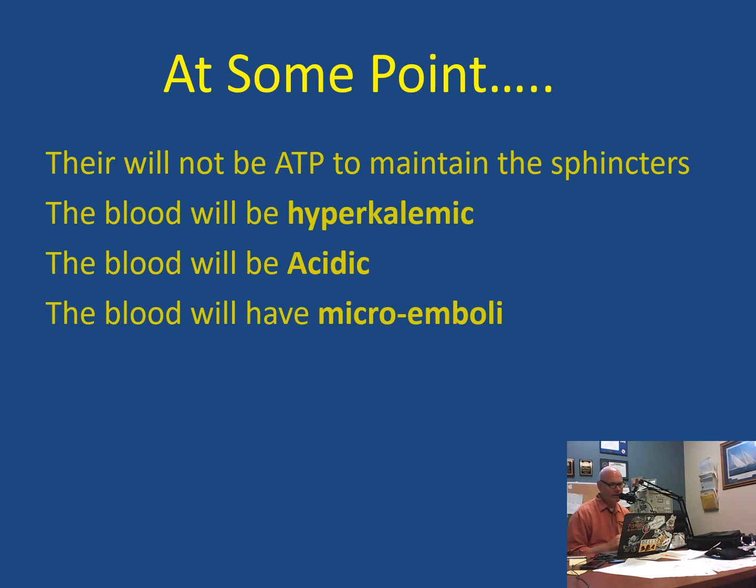So at some point, there's not going to be enough ATP to maintain the vasoconstriction and those precapillary sphincters. Your blood is going to be hyperkalemic because those potassium molecules are going to migrate to the blood. The blood is also going to become more acidic because of lactic acidosis. And we're also going to end up with some microemboli there. That could be from those lysosomes. Remember, cell destruction.